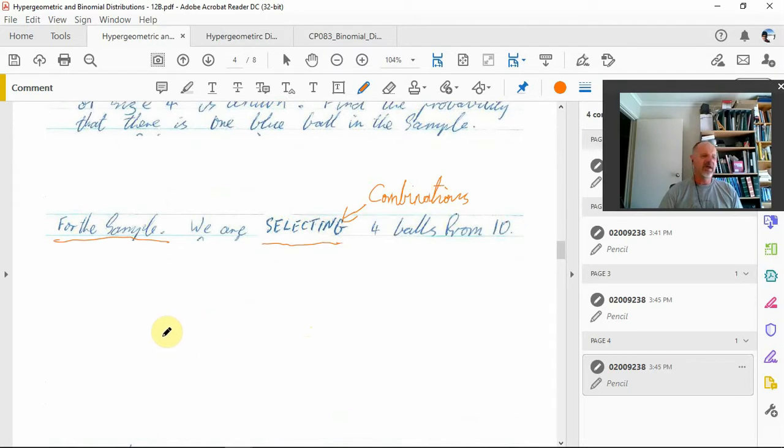So we can use that to figure out how many there are. All right, so what have we got for the sample? Then there would be 10 C4 ways of selecting the sample.